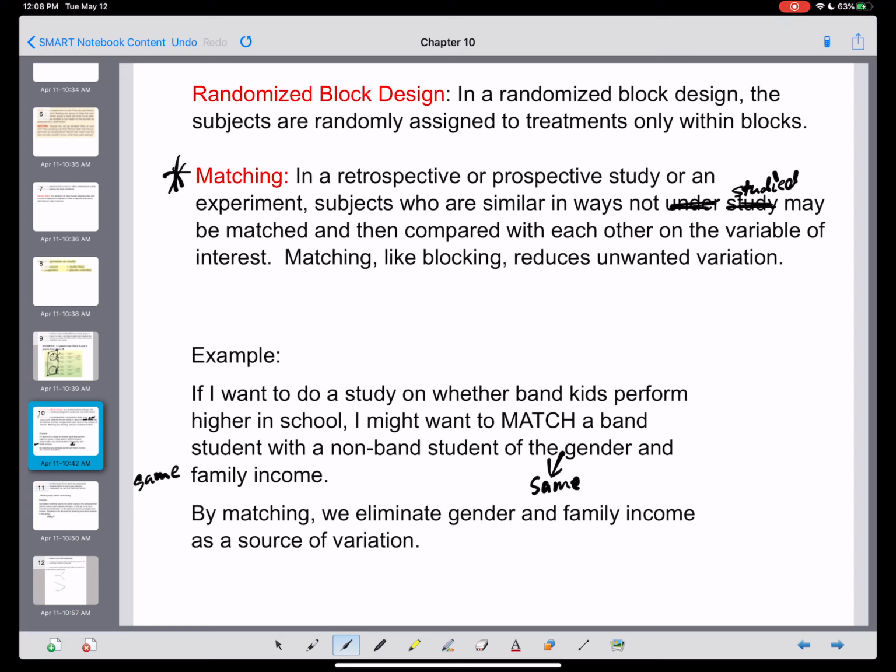If you're in band, I'm going to partner you with a non-band student. But I'm going to make sure that the gender is the same and the family income is the same, because I want to make sure that gender and family income don't play a part. The only thing that differentiates them is band versus non-band, and I compare their data. By matching, we'll eliminate gender and family income as a source of variation.